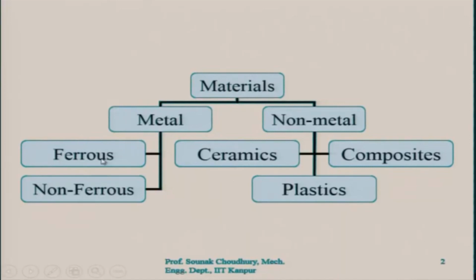Materials overall can be subcategorized into metals and non-metals. In metals we have ferrous metals, where the basis is ferrous, and there are materials where there is no ferrous. Those are called non-ferrous materials.